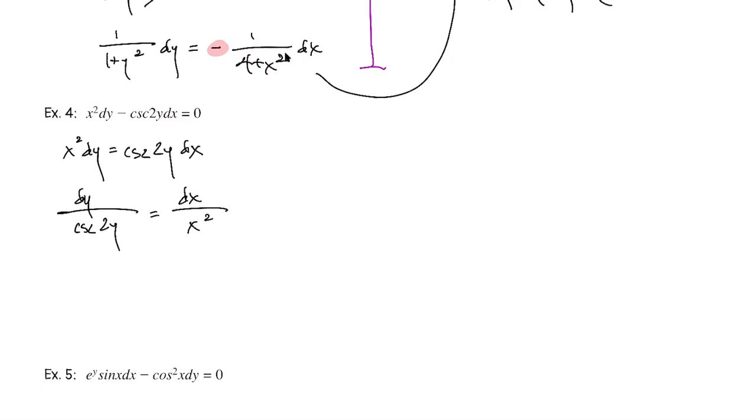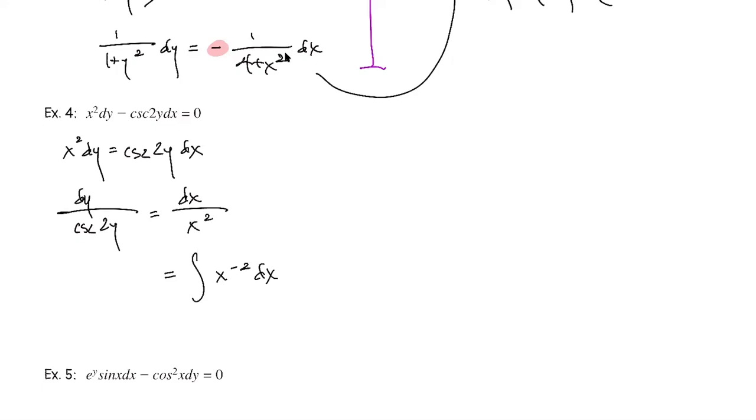Okay. So before we integrate, it's always nice to have things in a form that is easy for us to integrate. We know we're going to be integrating, so we want to set it up for ourselves so that we can actually see what we're going to be integrating. For example, on the right-hand side, I would write this as the integral of x to the negative 2 dx, because I want to remind myself I have to use the power rule.